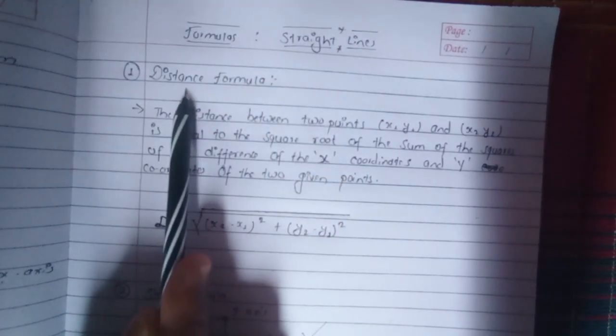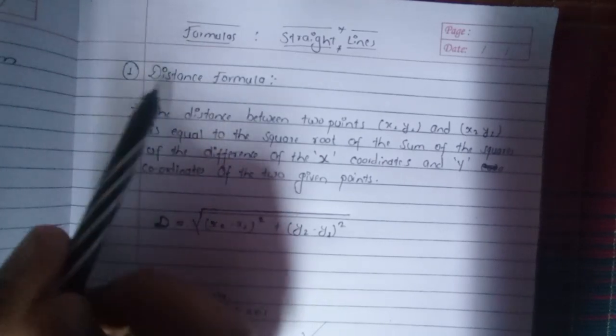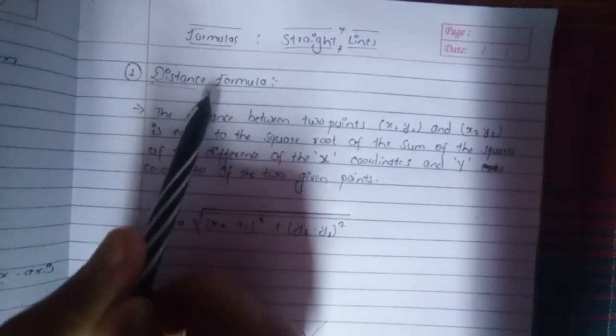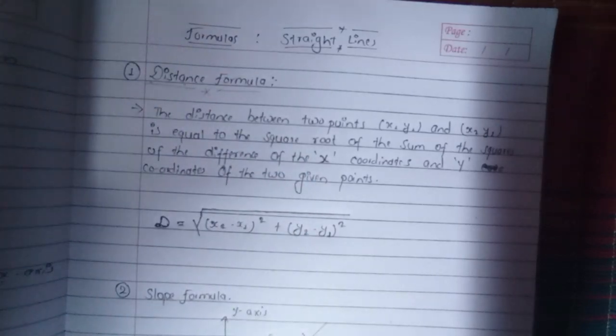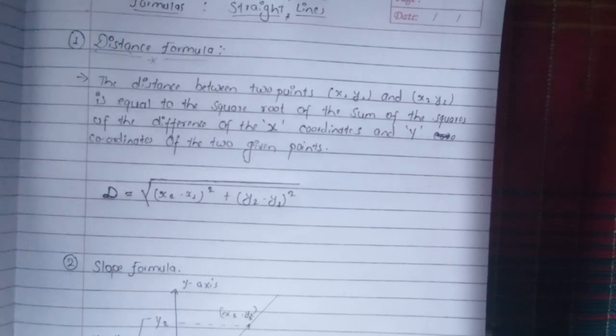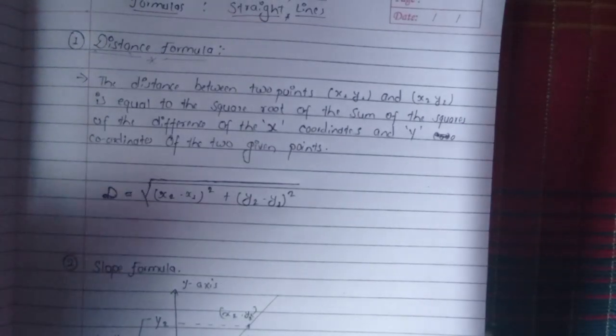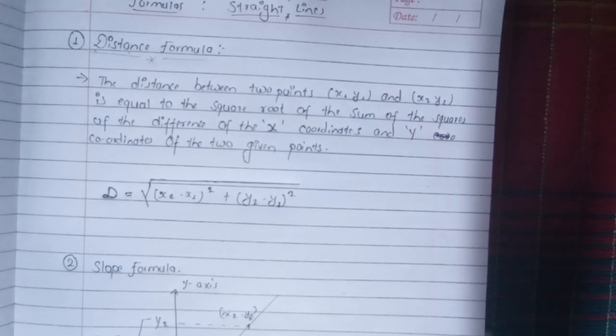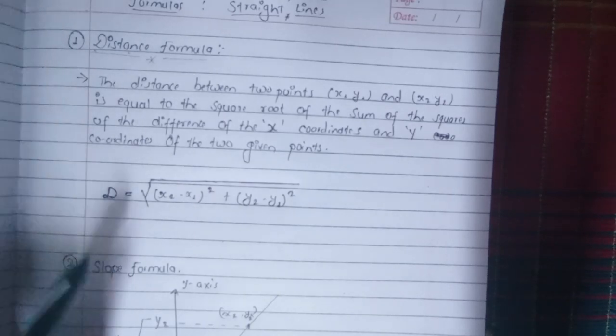First of all, let's discuss the distance formula. So what is a distance formula? In this first lecture, we will only discuss what coordinate geometry is and the formulas of straight lines, and you are going to revise the formulas.